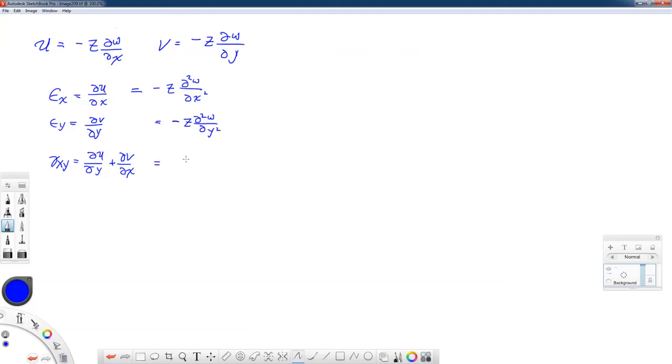So let's see, we're going to have the partial of u with respect to y, so minus z times the partial of w with respect to x and y, plus the partial of v with respect to x, minus z times the partial of w with respect to x and y. So that would be minus 2z times the second partial of w with respect to x and y.